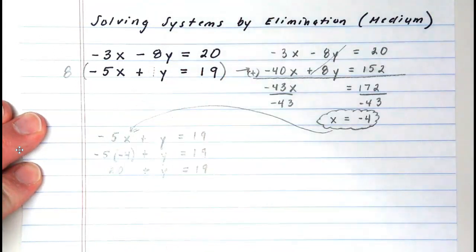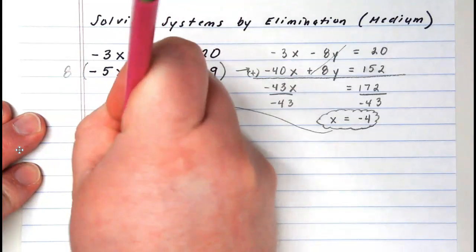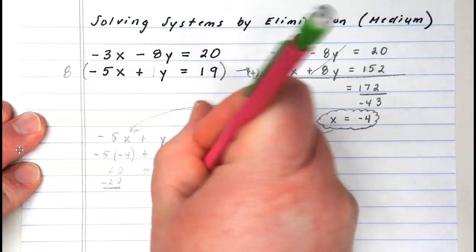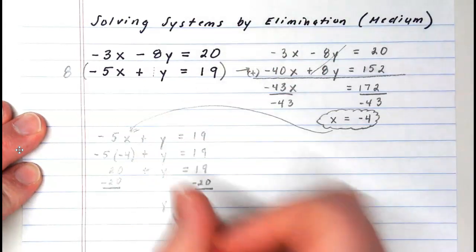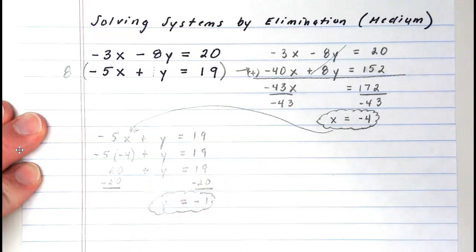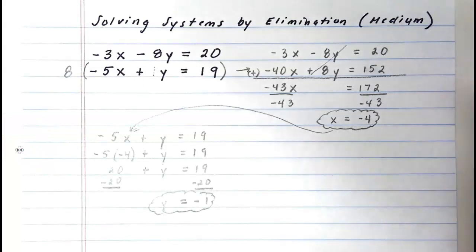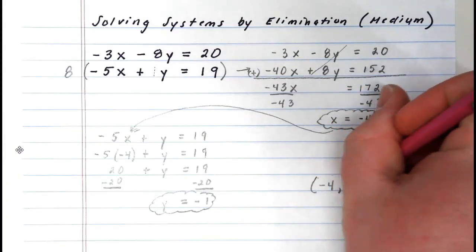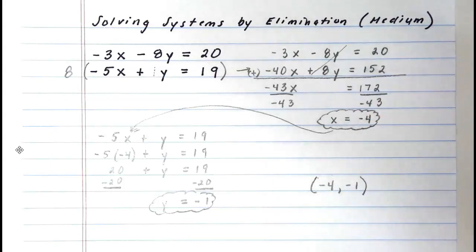Subtract 20 on both sides, and we're left with y equals negative 1. So there we go. Our final answer, we've got negative 4 for the x, comma, negative 1 for the y.